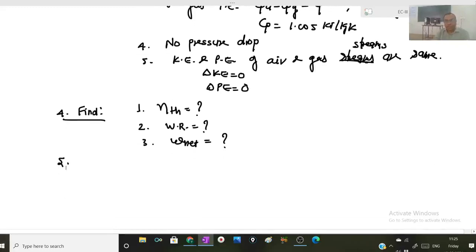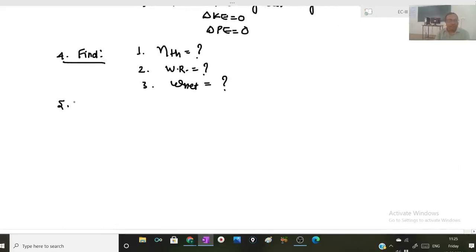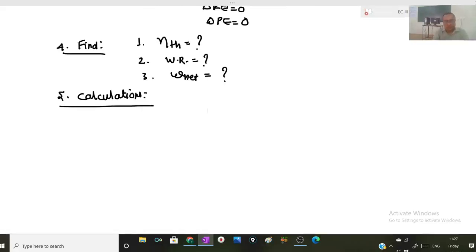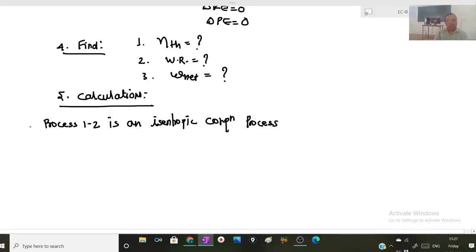Now let us do the detailed calculations. So let us start our calculation. First, process 1 to 2 is an isentropic compression process. What does it mean?